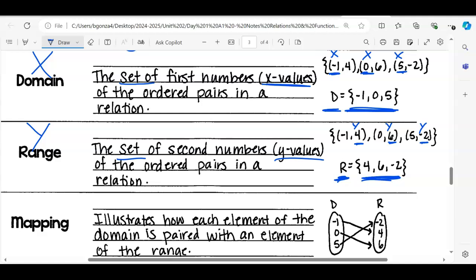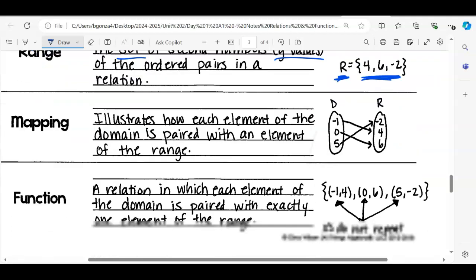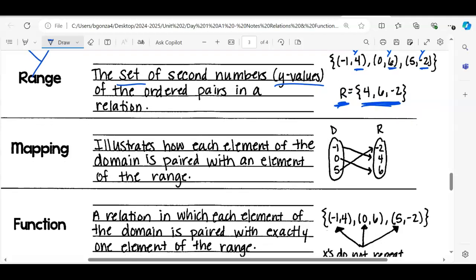Now we have this thing called a mapping. So do you see that little picture off to the right? This is what a mapping is. It's kind of weird. It's like a bubble of numbers, another bubble of numbers with a bunch of arrows, okay? But all you're doing is taking literally the same 3 points as above. You put all the domain on the left bubble. You put all the range on the right bubble. So negative 1, 4, do you see how negative 1 has an arrow from negative 1 to 4?